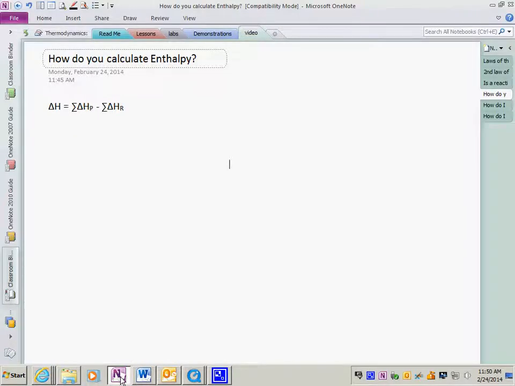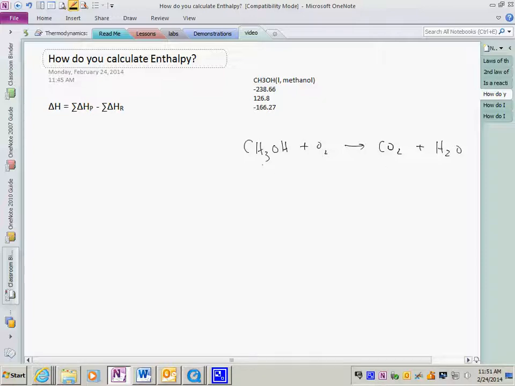All right, so I'm going to print that right here so I have it for a moment. Okay, so methanol is going to be CH3OH plus O2 yields CO2 plus H2O.